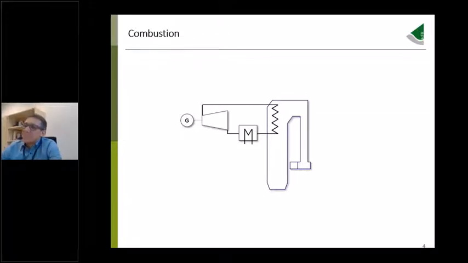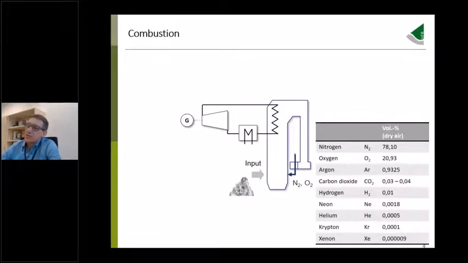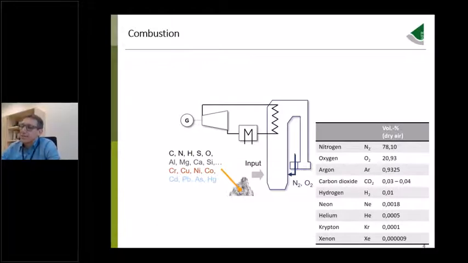Good. So we use the fuel to produce heat and eventually electricity, and to do so, we need to combust fuel. We put the fuel into whatever kind of furnace, and to combust this fuel, we need air, which has a certain composition. So we feed the periodic table of elements with the fuel to this combustion process, and we also feed the combustion air.